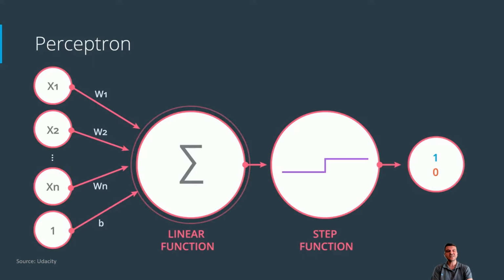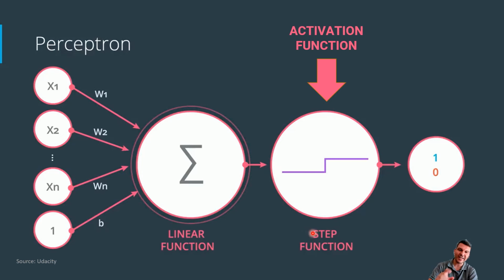And this step function is what we call one type of activation functions. We could replace this step function with a different activation function in the future. But for now, we will always know that we will have an activation function, in our case, the step function, which will decide based on the summation whether our neuron fires or doesn't fire.